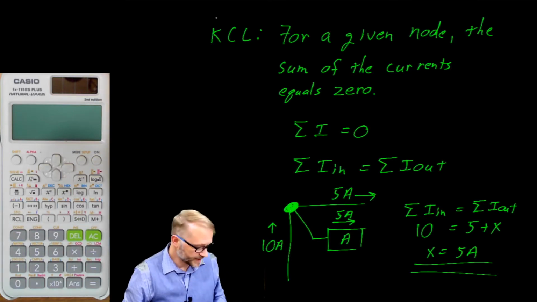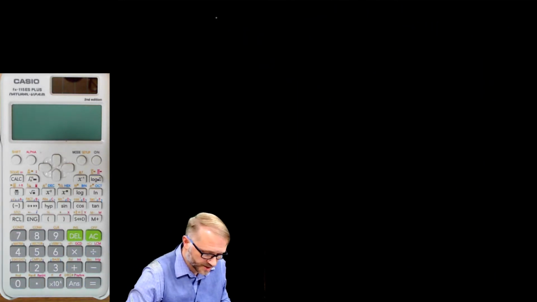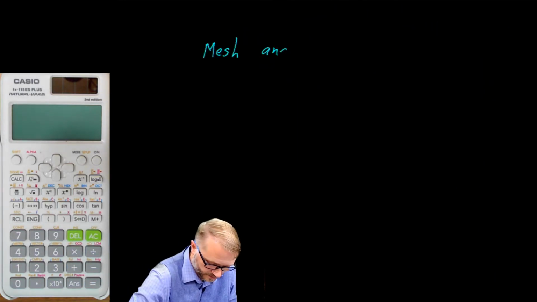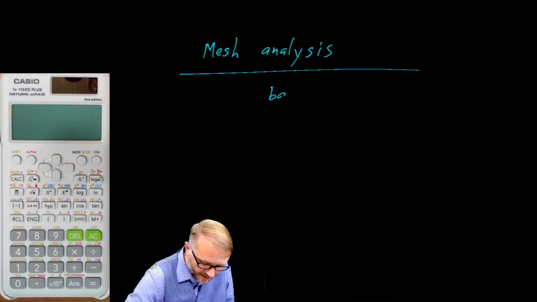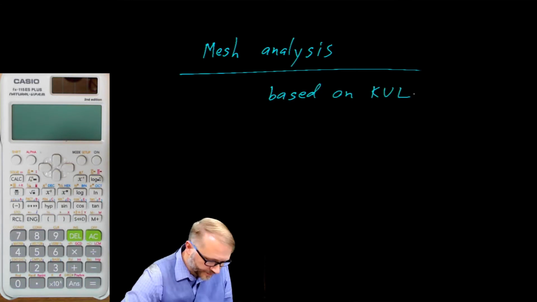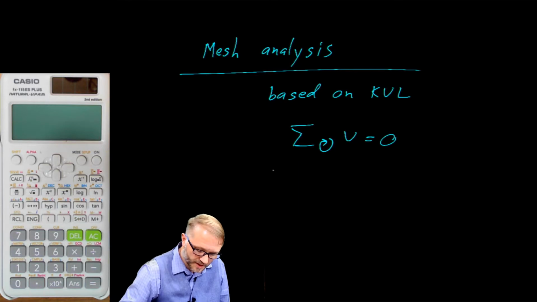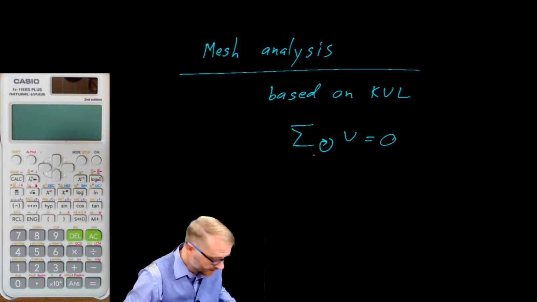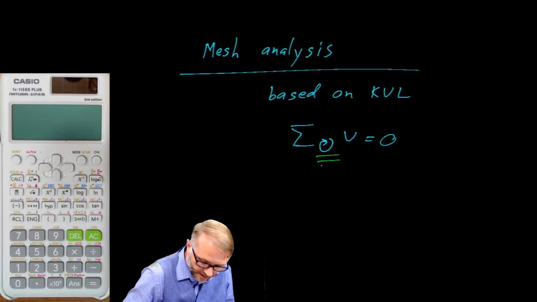With that said, let's start with mesh analysis. This is based on KVL. In particular, we are talking about the summation of voltages on a closed loop is equal to 0. We are going to study many, many loops.